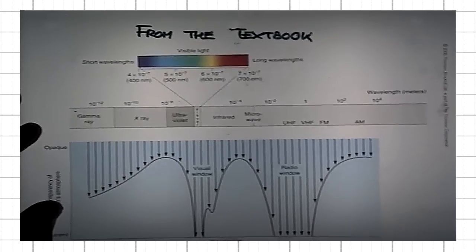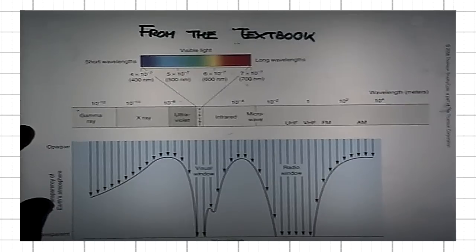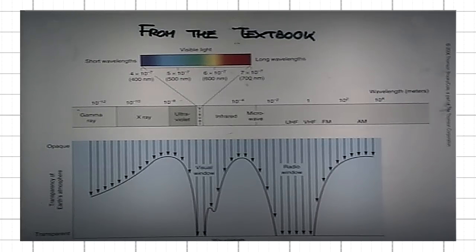When the cops are chasing speeders, they have a radar gun which just produces a pulse of microwaves that bounces off the car, and then using the Doppler effect, which we'll talk about later on in the course, it is able to determine the relative speed of the vehicle and decide whether you are speeding or not, right?